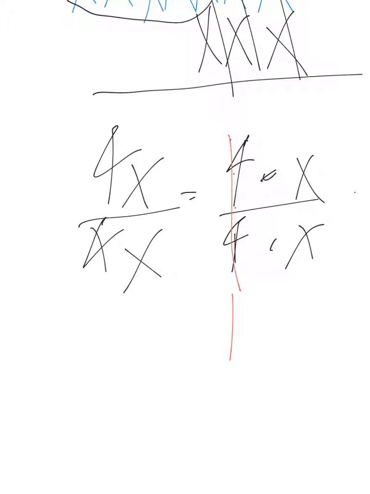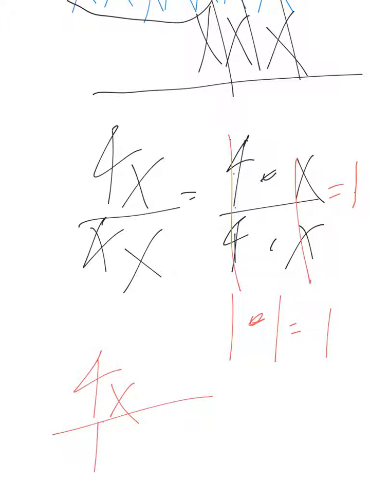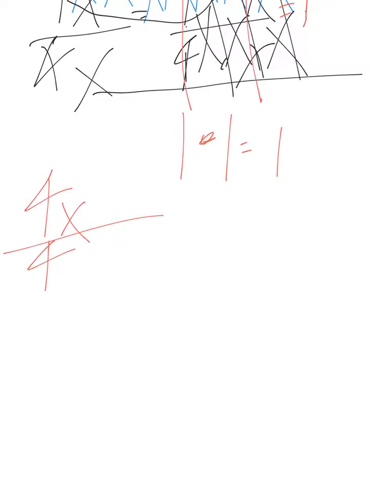X divided by x equals 1. So it says 1 times 1. If I did 4x divided by 4x, that would just leave me with 1, because 1 times 1 is 1.